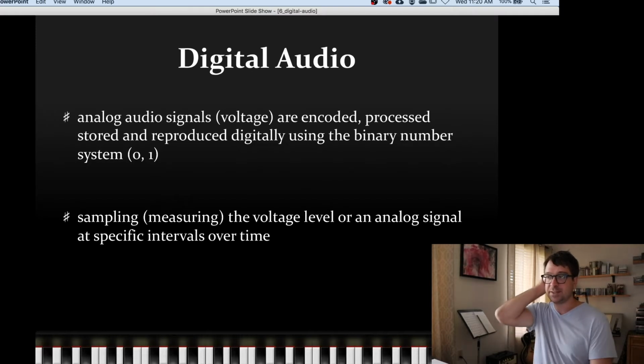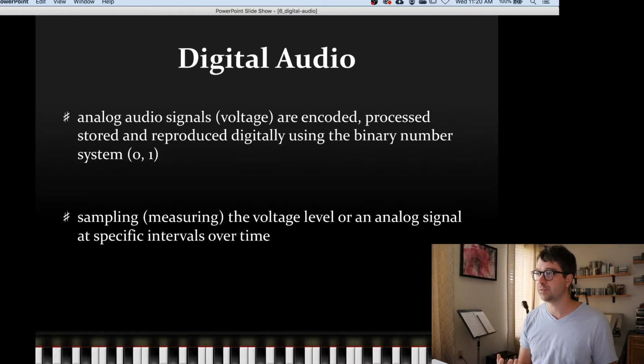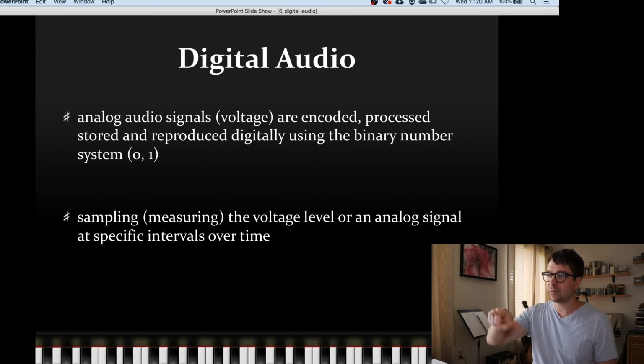So in digital audio, we take an analog audio signal like voltage, and we encode it, process it, store it, and reproduce it, all using binary, the basic language of computers, which is a bunch of zeros and ones. The way that this happens is called sampling or pulse code modulation. Basically, whenever you have a sound wave coming in, you have this smooth, continuous change in voltage.